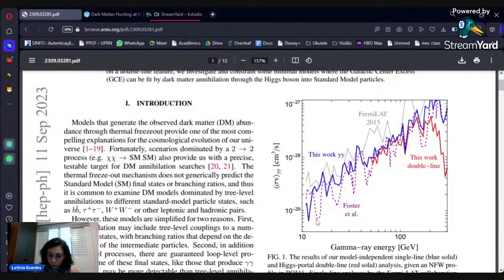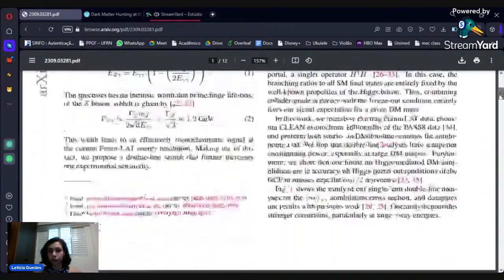This Foster is more constrained in a way, but they show in this paper some differences in the methods. But anyways, in the case of the double line, when it's up to bigger energies, it gives more constraints, as you can see, because in the bigger energies, when you consider the gamma gamma and the gamma Z together, it gives a bit more constraints.